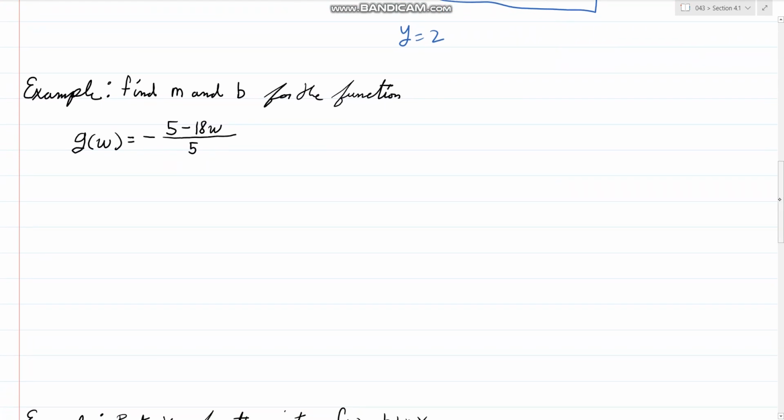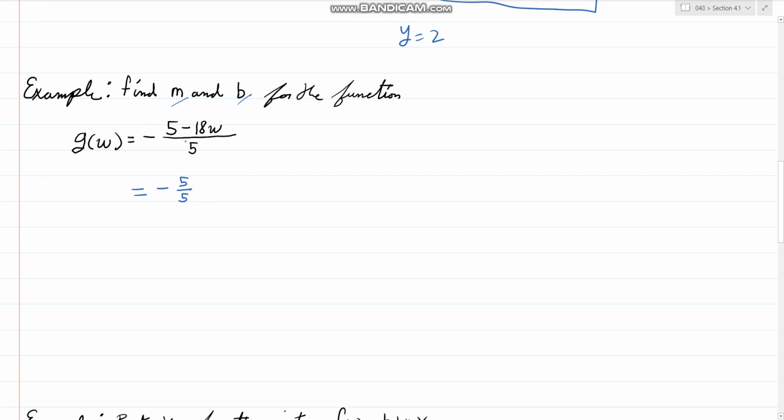All right, in this next example, we want to find the slope m and the y-intercept b for the function g of w equals negative 5 minus 18w over 5. And to find those, I'm going to have to rewrite this function a little bit. I'm going to do what's called splitting the denominator. So I have negative 5 over 5 because the denominator is 5.